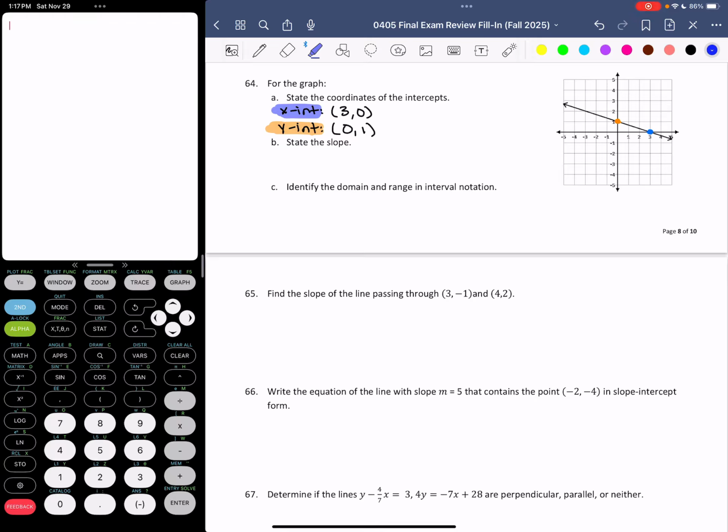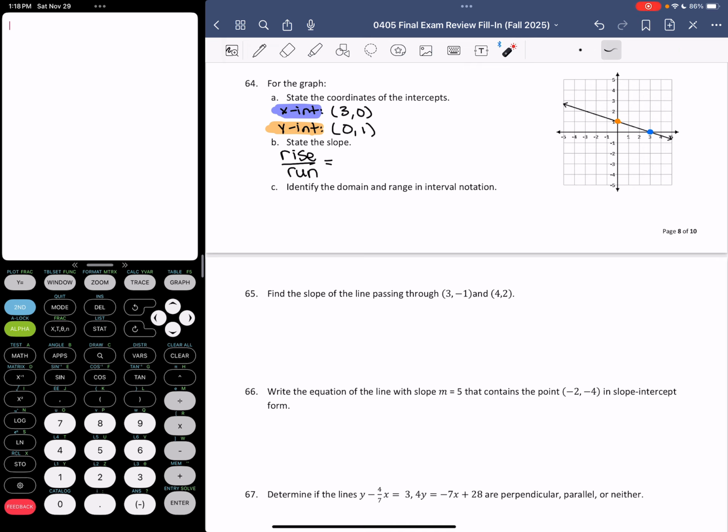Okay, x-intercept. State the slope. Okay, well, now that we know the x and y intercepts, we can easily count slope, rise over run. Remember that slope is rise over run. So pick any point on your graph at an integer value and then count how many you go up or down to get to the other one, and then how many go left or right.